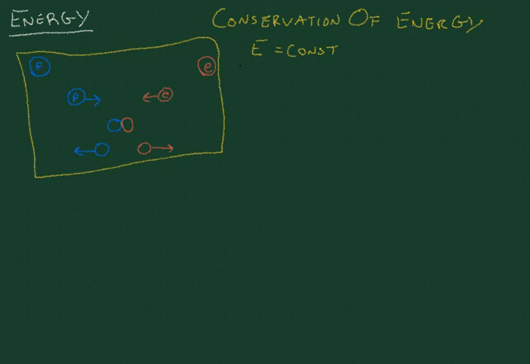So for example, initially the particles aren't moving at all. So we say that all their energy is potential. We have potential energy. But then once they start moving, as we'll see, the potential energy is related to the distance between them. So as they get closer together, there's actually less potential energy.